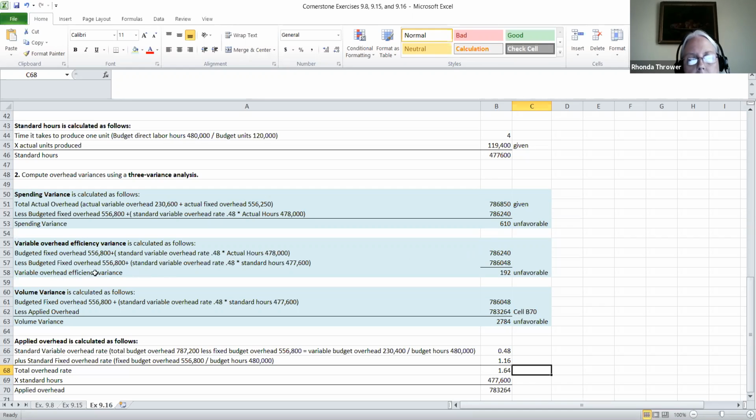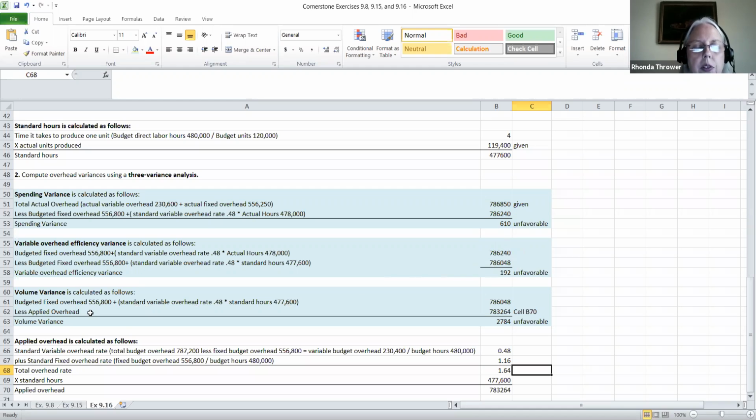Less your budgeted fixed overhead, which the 556,800 was given, and then you had to multiply 48 cents times the standard hours, and that will give you the variable standard plus the variable overhead plus the fixed overhead together is 786,048. The difference between these two is an unfavorable variance, because this that was based on the actual is more than what the budgeted amount was.